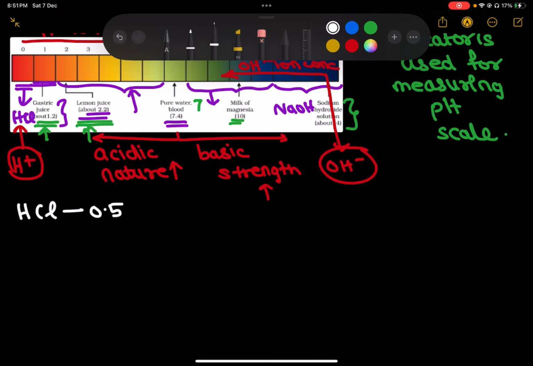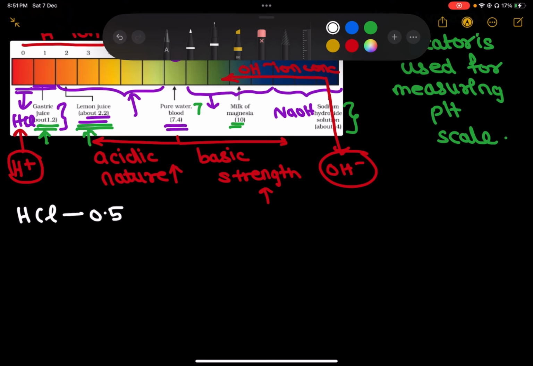The strongest acid is sulfuric acid, H2SO4. It has the lowest pH, probably 0.1 or 0.2. Very acidic, highly corrosive. Correct? Lemon juice, as it is written, 2.2. Okay, vinegar, that is acetic acid.